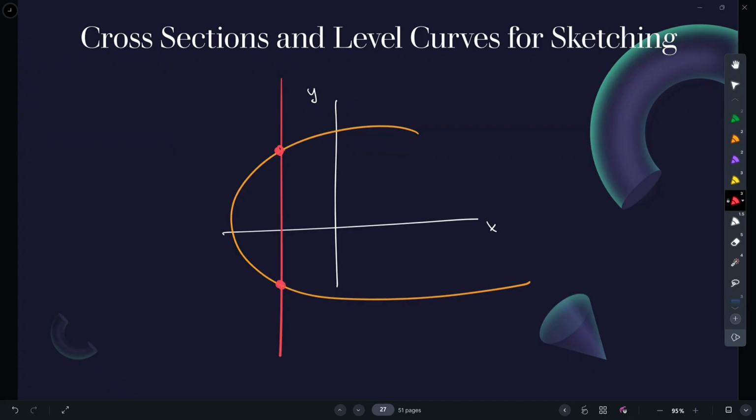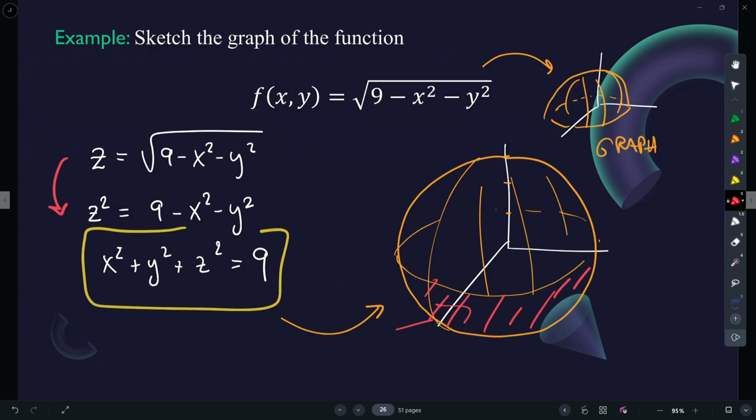A graph in 3 dimensions, when x and y are the variables, can only have one point of intersection with a vertical line, but this one has two. So it doesn't pass the vertical line test, which is also a rule for functions of 2 variables. So this cannot be a graph, and the graph is this. Once I remove the bottom half of the sphere, it does pass the vertical line test.